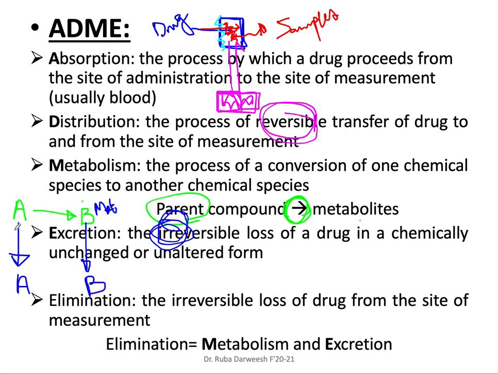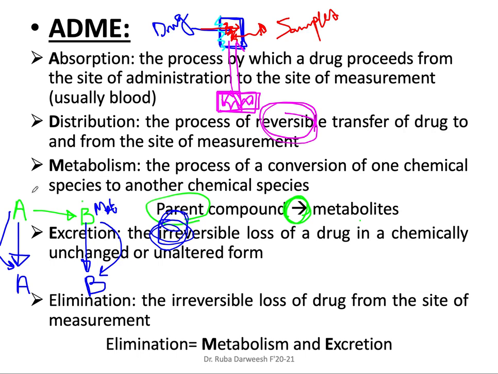And again, this will be the excretion of the drug, and this will be the excretion of the metabolite. Does this mean that this is metabolism? No. Once you are losing the X, whether it's the drug or its metabolite, unchanged and irreversibly, we're talking about excretion. Okay, so the whole process here in blue is called excretion. The whole process in here is called metabolism.